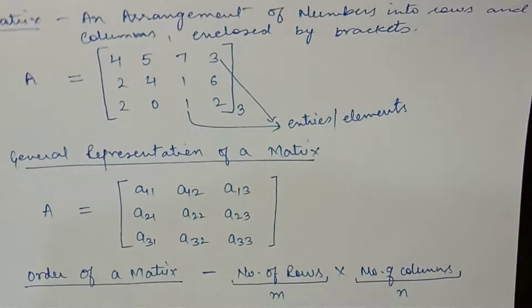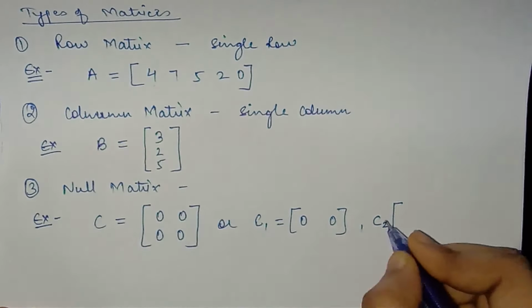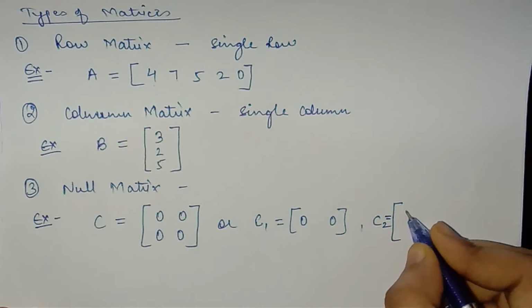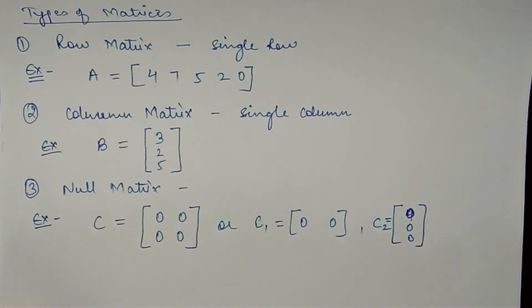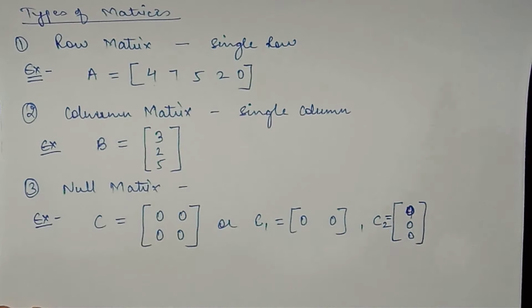Only then will that matrix be called a null matrix. Or we can have another matrix. So irrespective of the order of the matrix, we can have a null matrix. All the elements should be 0 in case of a null or zero matrix.